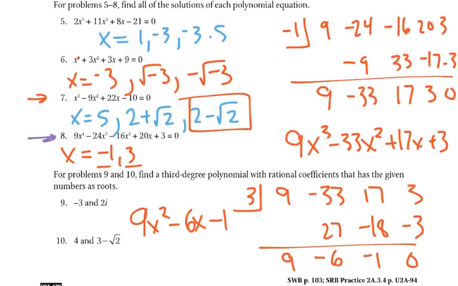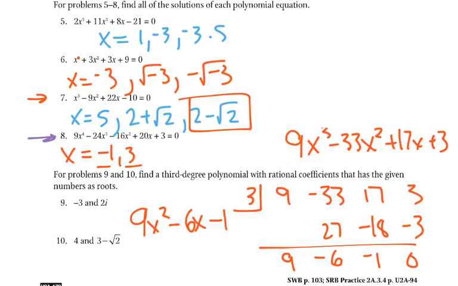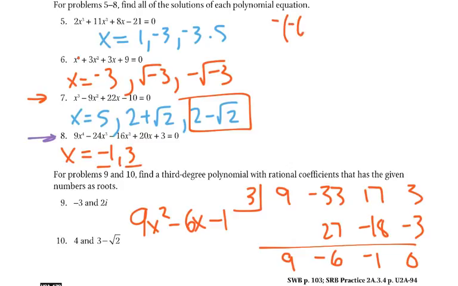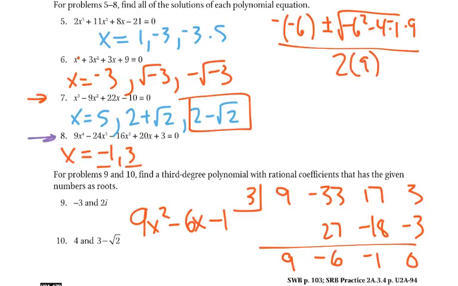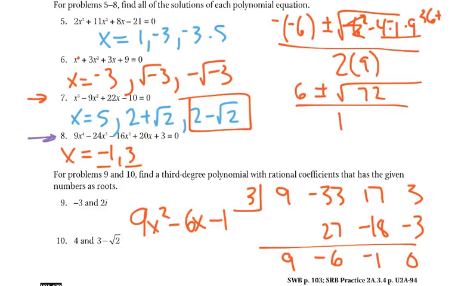Which then, if we use the quadratic formula, okay, we'd have negative 6 plus or minus square root of negative 6 squared minus 4 times negative 1 times 9 over 2 times 9. So we'd have positive 6 plus or minus the square root of 36, right? 36, then plus 4 times 9 would give us 36 again. So 36 plus 36 would be 72 over 18.